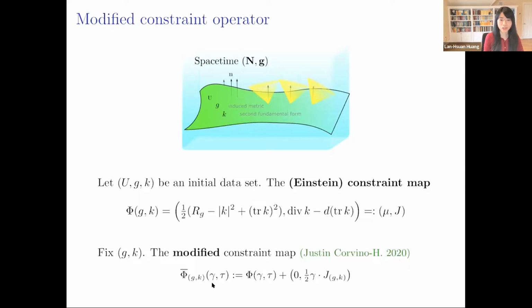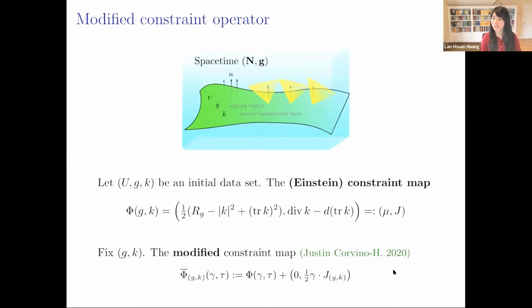For given initial data gamma and tau, we first use the usual map, but then we modify it by adding a term which is linear in gamma. The first component will be 0, and the second component is a one-form, gamma, which is a symmetric 2-tensor, contracted with J, where J is the background J, with the subscript of the background g and K. So this is really just a linear term in gamma.